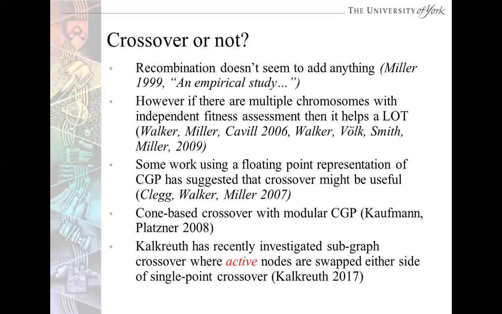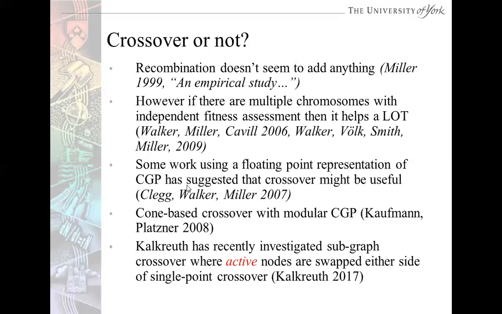Janet Clegg and others in 2007 developed a slightly different representation of CGP in which all the genes are floating point. And she used crossover in this representation and found that on symbolic regression problems, crossover worked very, very well.